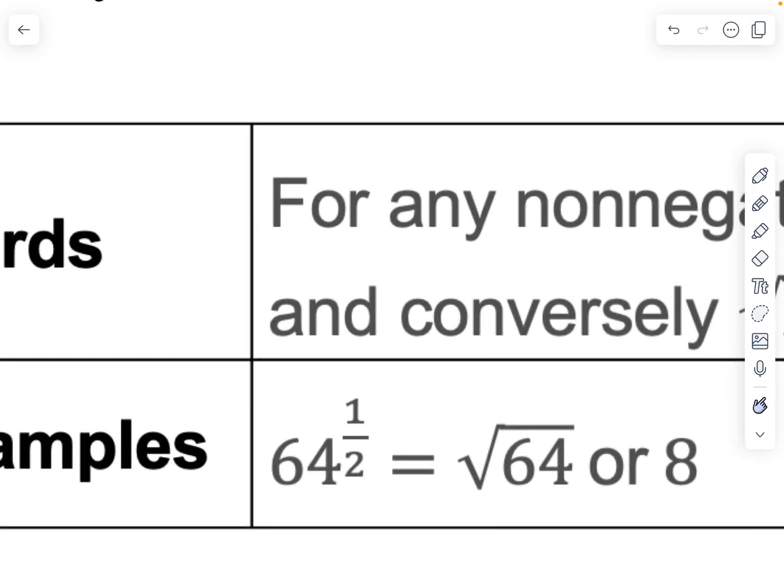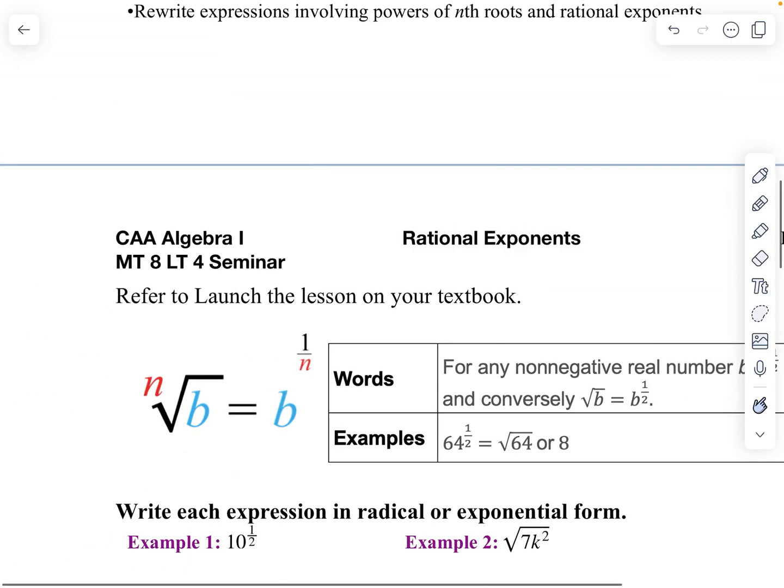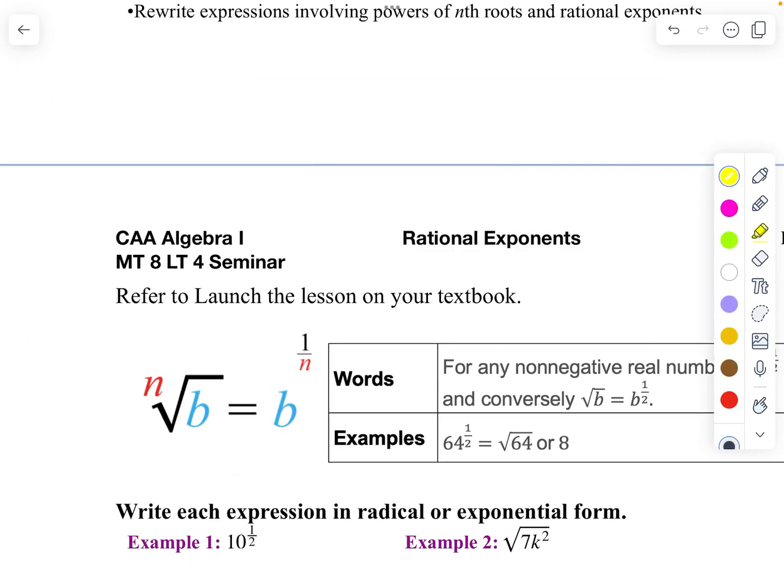That means square root. Anything to the 1/2 power is the same thing as square root. We don't have to write anything in our index, this n right here. We'll learn about that later. But just remember, anything square root means 1/2 power.